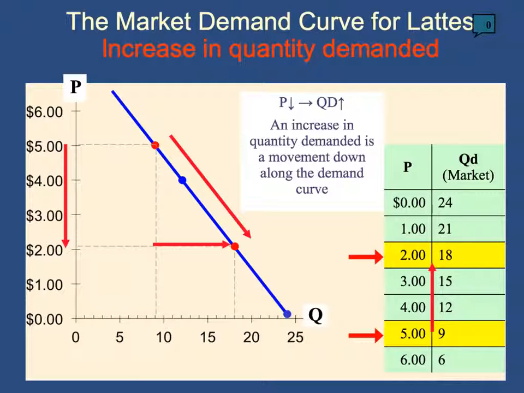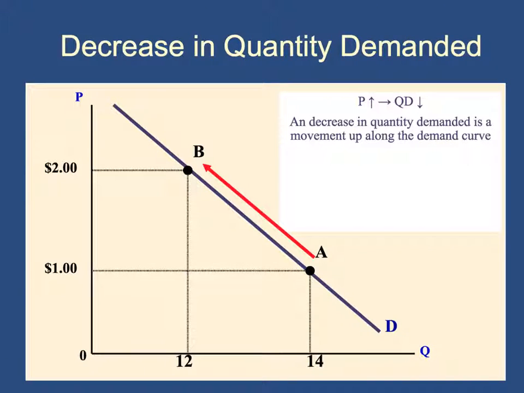That's why when there's a change in price, you go from a point on the curve to another point on the curve, and there is a movement along the demand curve. In case the price increases, quantity demanded is going to decrease, and that's why it generates a movement along the demand curve.